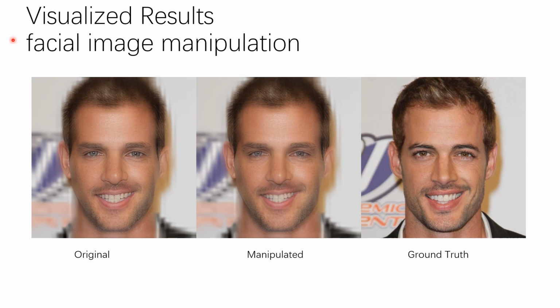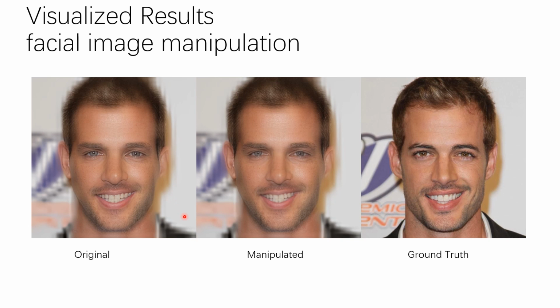Next we have visualized results for facial image manipulation, or facial image correction. You can see in the middle is the manipulated result, on the left is the original super resolution facial image, and on the right is the ground truth image.